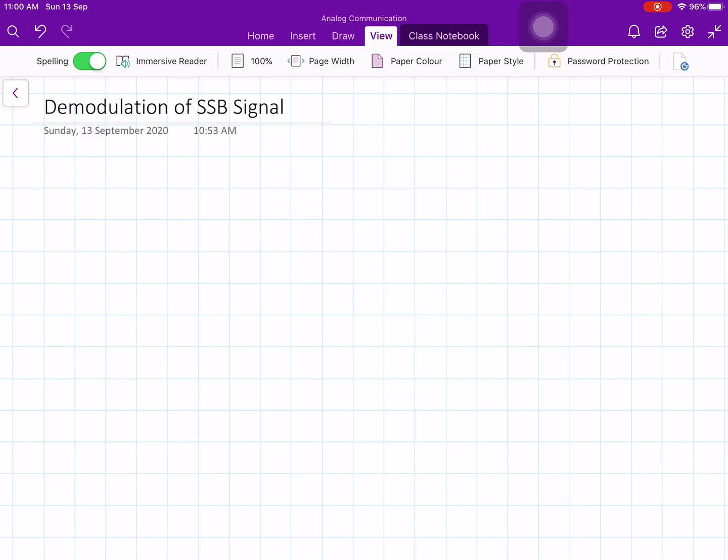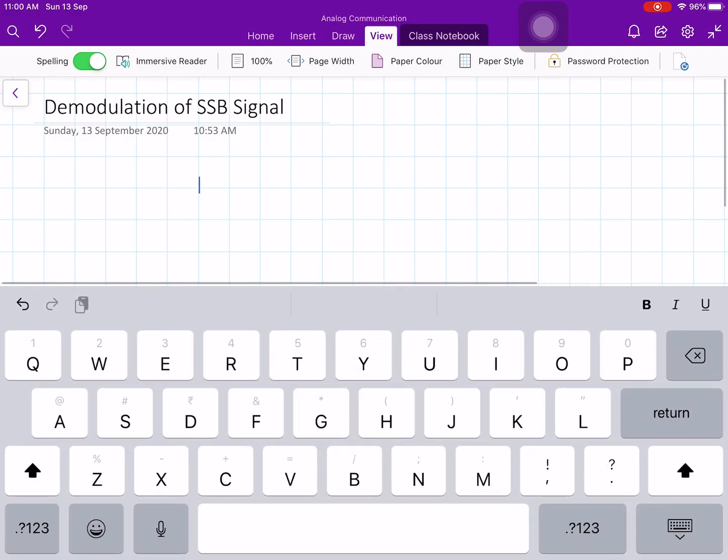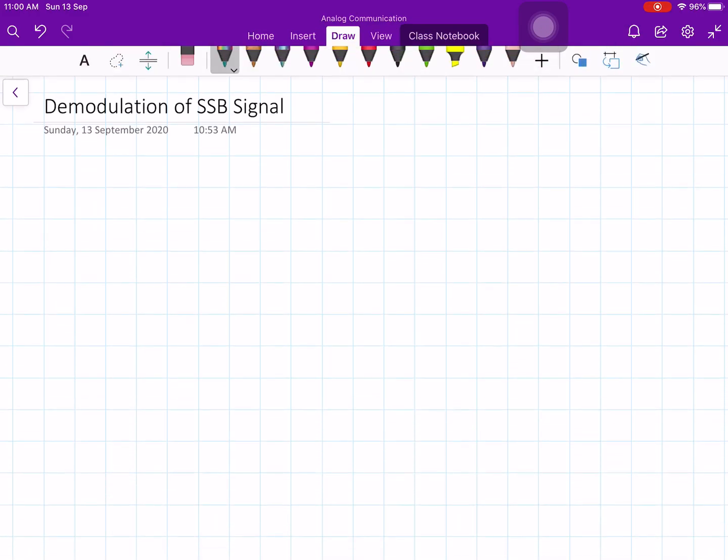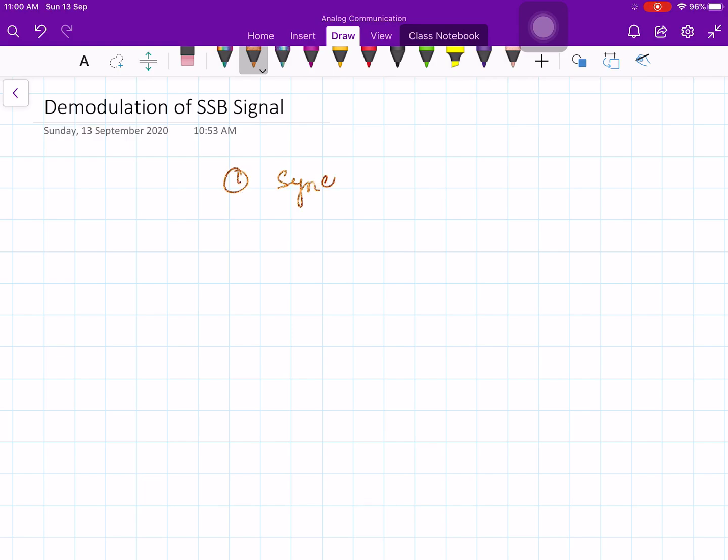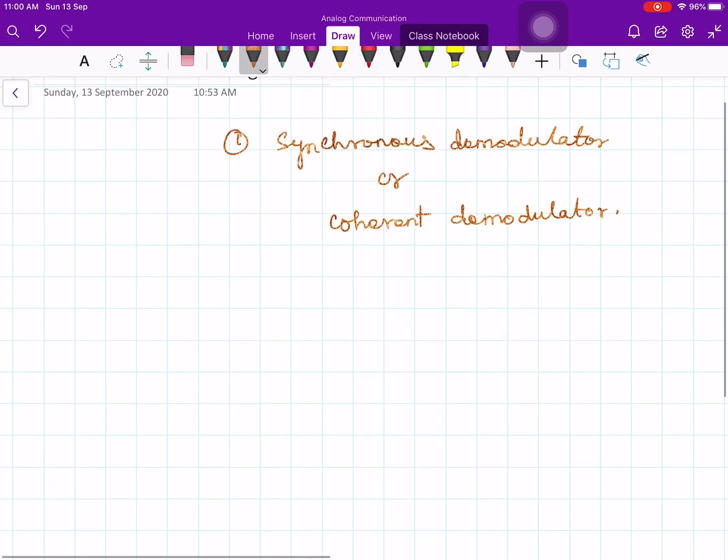So we can use a synchronous demodulator, or you can also call it a coherent demodulator. This we already discussed to some extent in one of the previous classes.